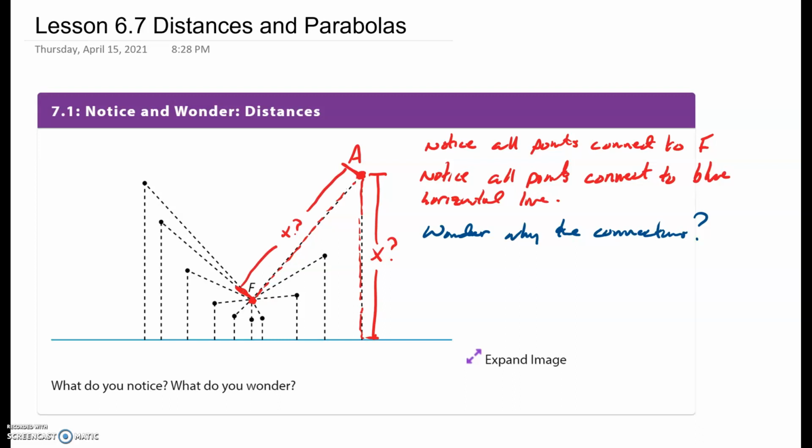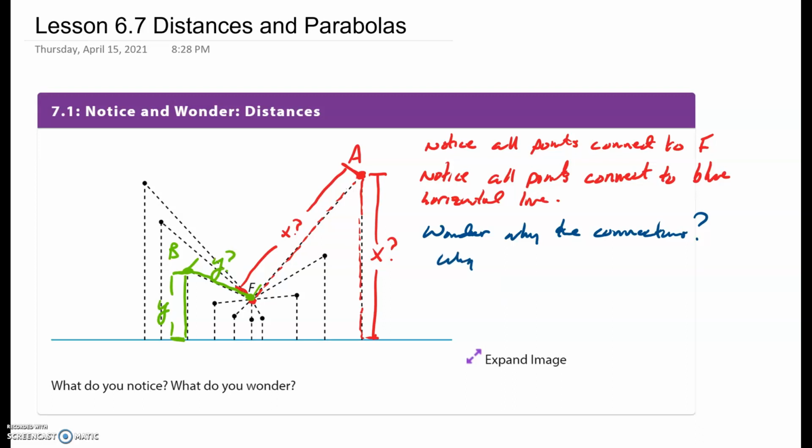And if I choose another point, this point over here, we'll call this point B. Notice this vertical distance down to that line, call that a distance of y. That distance appears to be the same as from point B to F. That also appears to be the same. So I wonder why that is.